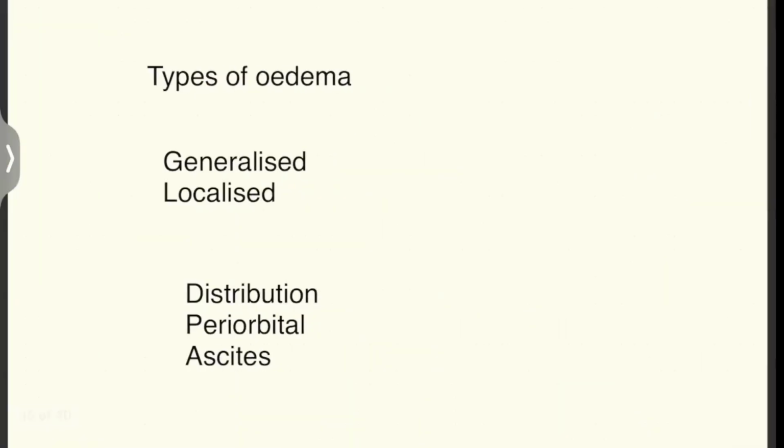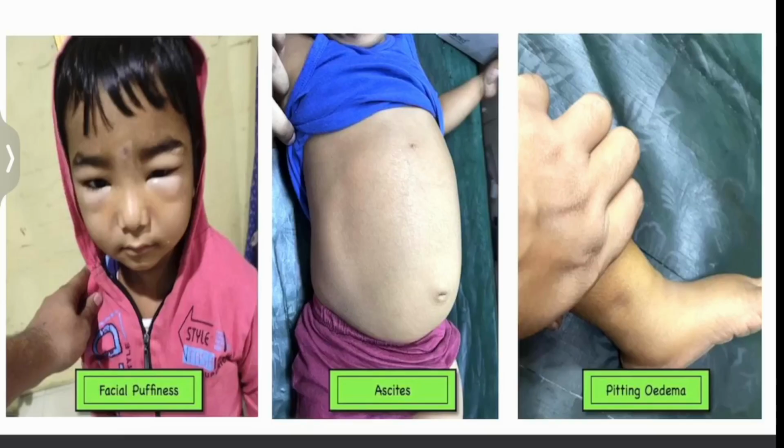So types of edema, as mentioned: it can be generalized edema or localized edema. Depending upon the distribution, you divide into periorbital edema; if it is in the abdomen, it is ascites. So basically remember this. Again, for a few more pictures, this is the typical appearance of renal edema, periorbital edema.